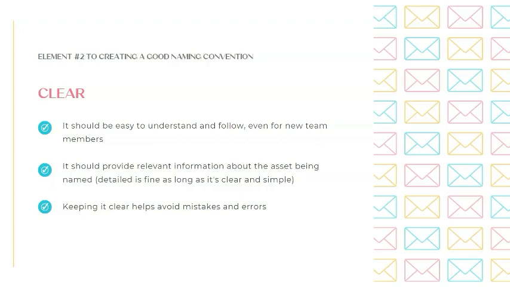And by keeping your naming conventions clear, it helps avoid mistakes and errors because you're not forgetting or putting things backwards in the wrong order, and then you're back to square one where it was disorganized in the first place. Now nothing matches. So again, consistent, clear.